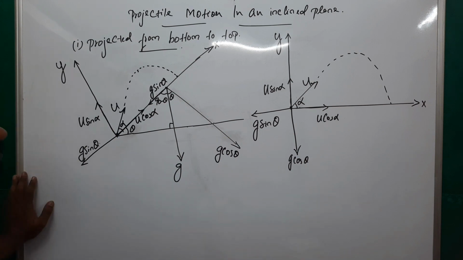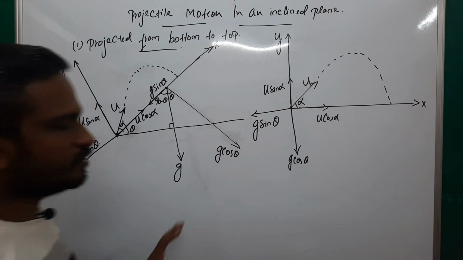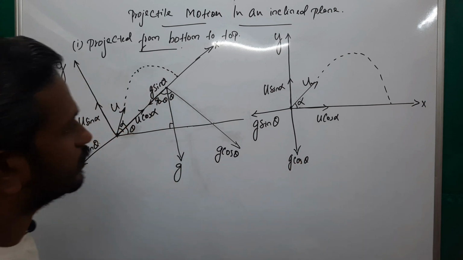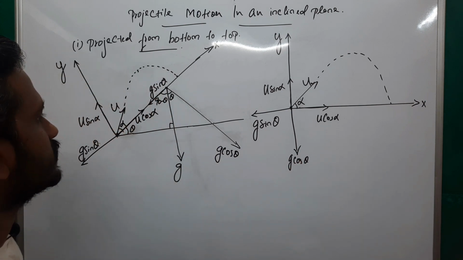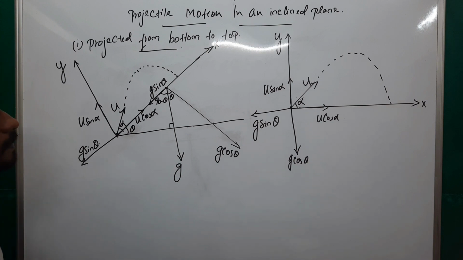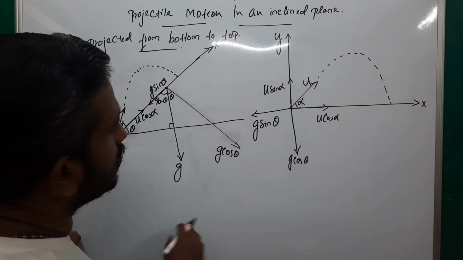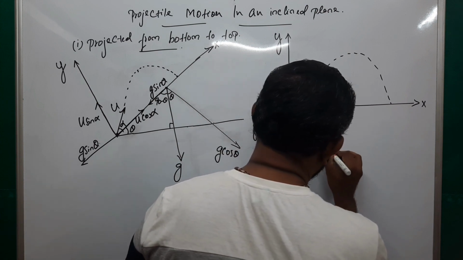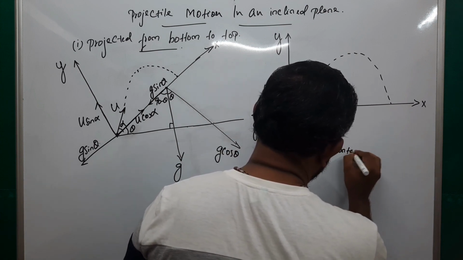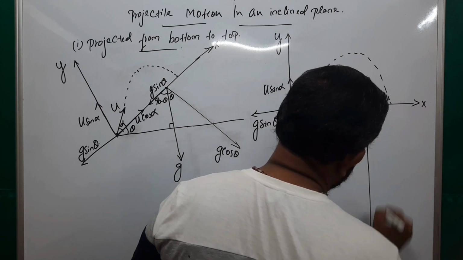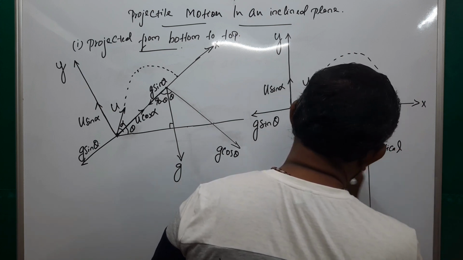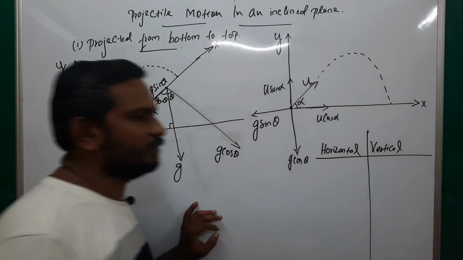Clear? Here also the projectile undergoes two types of motion: horizontal motion and vertical motion. In all projectile motion, whether on a horizontal plane or an inclined plane, we consider the combined effect of horizontal motion and vertical motion.